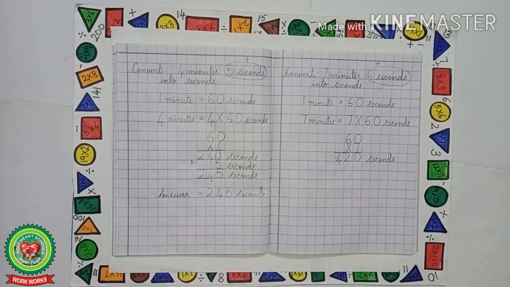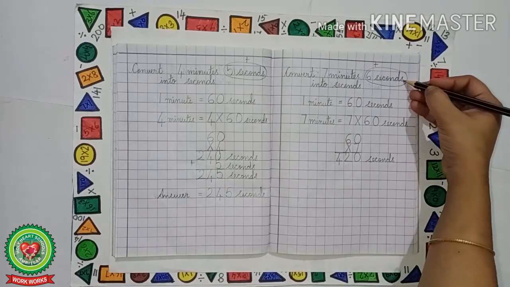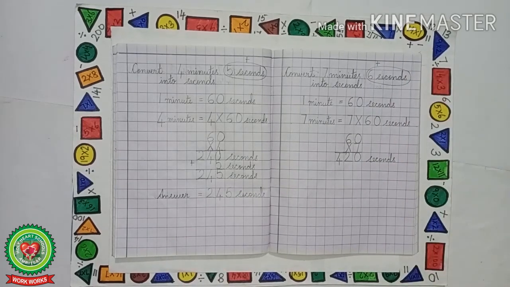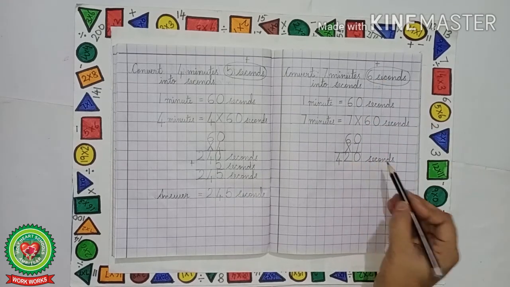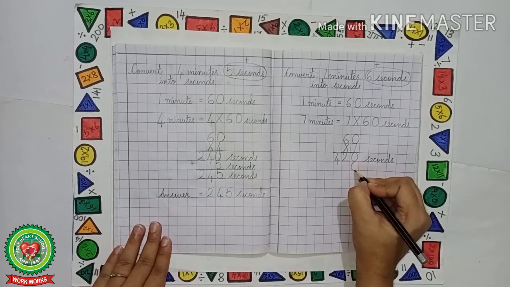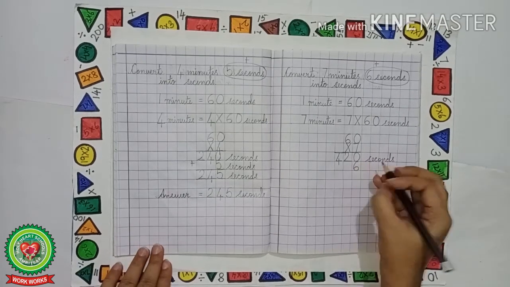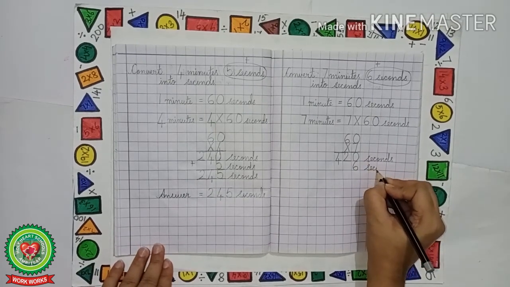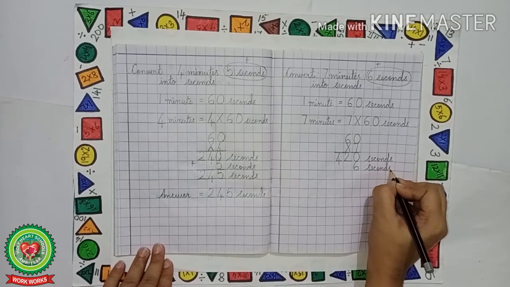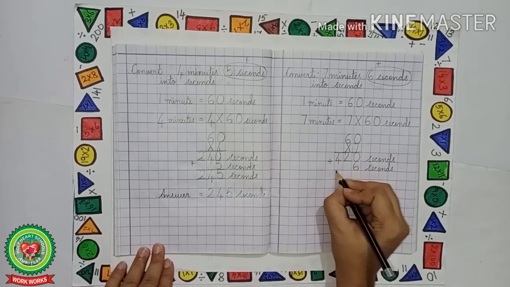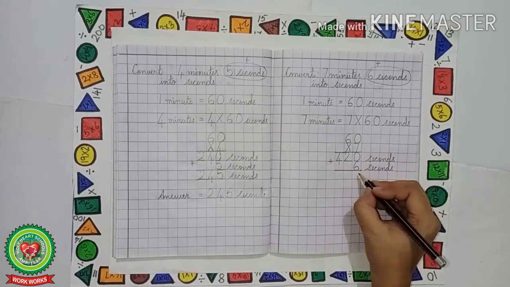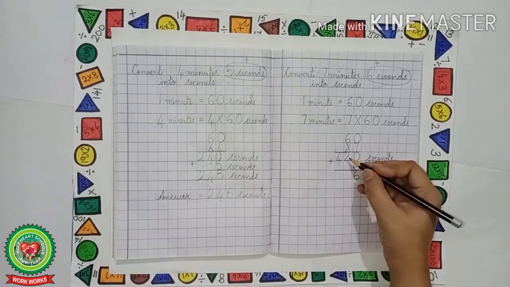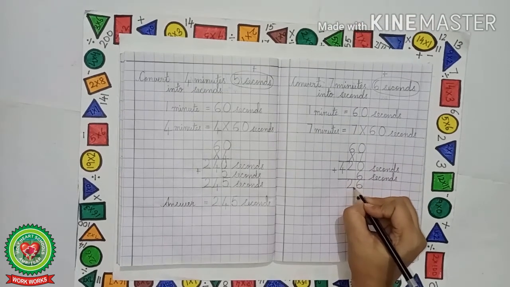Now kids, what is left? 6 seconds is left. So we have to add this 6 seconds in 420 seconds. So let us write over here 6 just below 0. And let us put the plus sign. Now 0 plus 6 is how much? That is 6 itself. So 2 plus 0 is 2 itself.